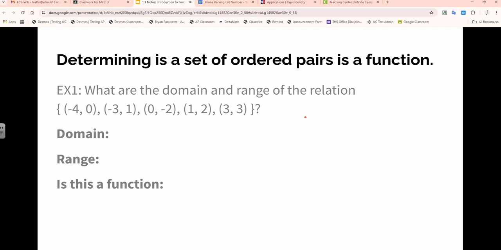Each x can only have one y. So the x's cannot be repeated. So in this case when we're asking for domain, we're looking for the x values.